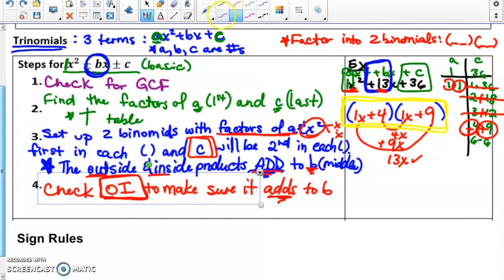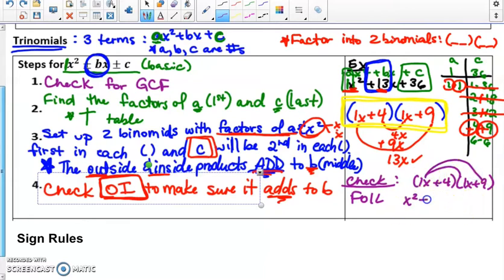Now, to do a full check, if you want to make sure your whole answer is correct, you would just take your 1x plus 4 times your 1x plus 9 and do the full FOIL. So our first terms are 1x times 1x, which gives us 1x squared. I'm not going to show the 1 this time.